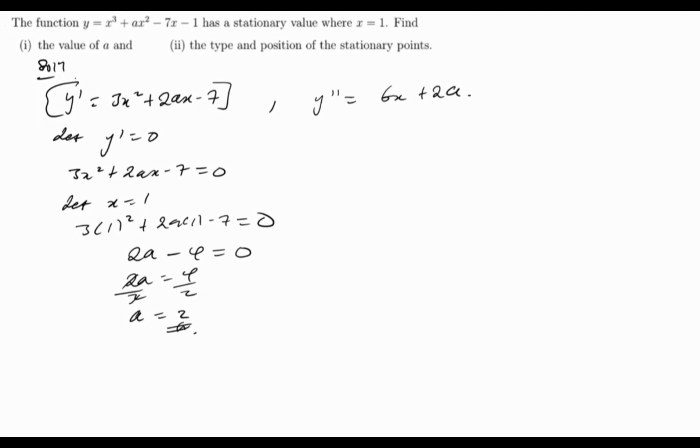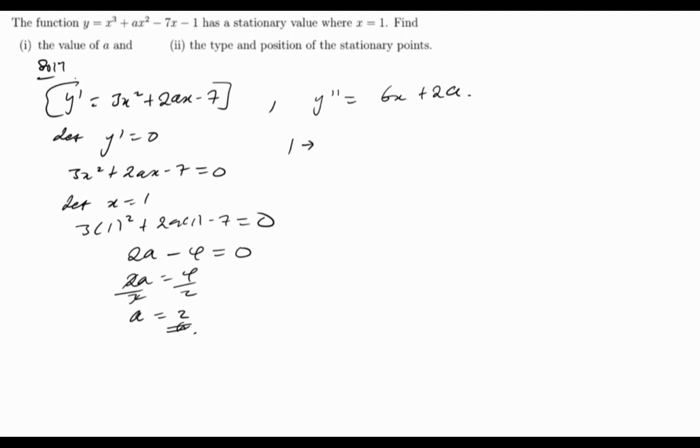Now that we have the value of a, all we can do next is to find the type and position of the stationary point. Now we need to calculate the first and second derivative of the given function, which we have done. But in our case, we're going to put the value of a where it's supposed to sit.